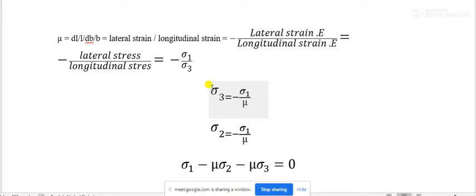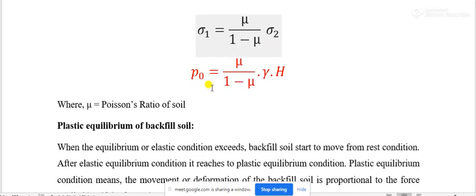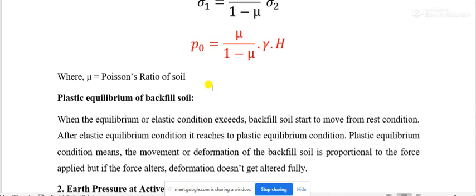That's why elastic equilibrium condition. But the active and passive conditions are in plastic equilibrium condition. Now, what is plastic equilibrium condition? I think you have the idea about plastic condition.